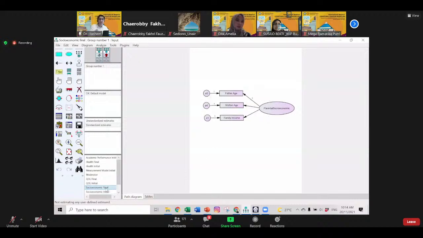So I come up with the socioeconomic final here, and I save it as a different file, right? So when I run the data, you can see that these factor loadings are higher than 0.5.